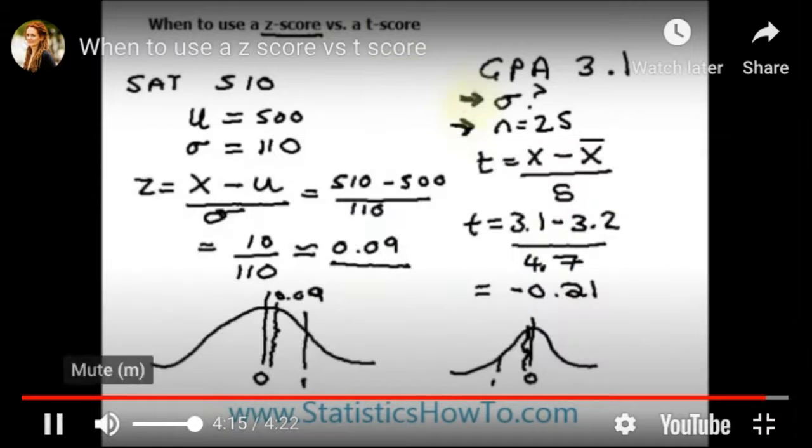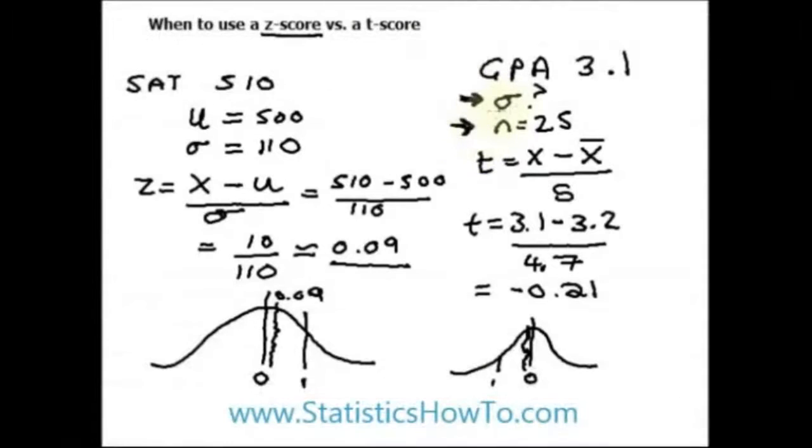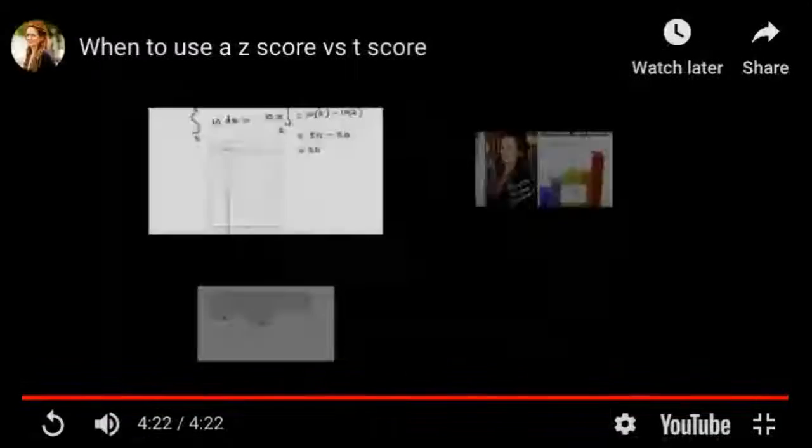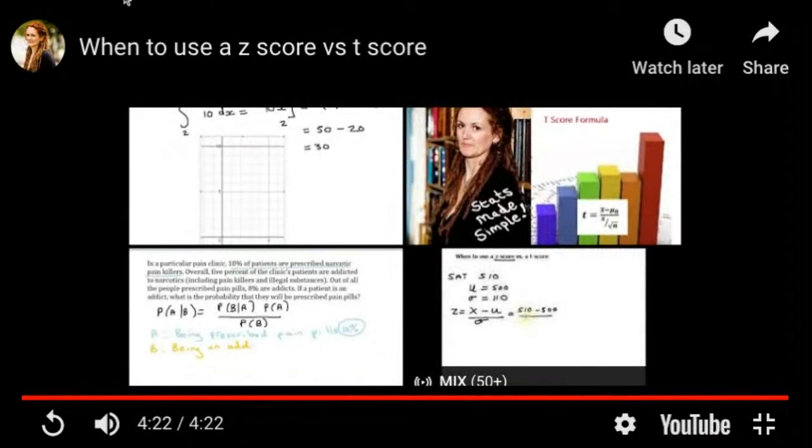But it's pretty safe to use a t-score if you do have that small sample and if you don't know sigma. All right. I want everybody to be clear on this, the difference between the T and the Z. And you know what the criteria is.